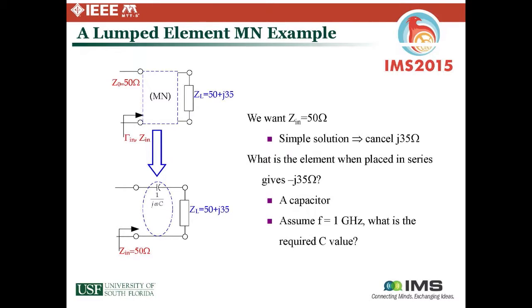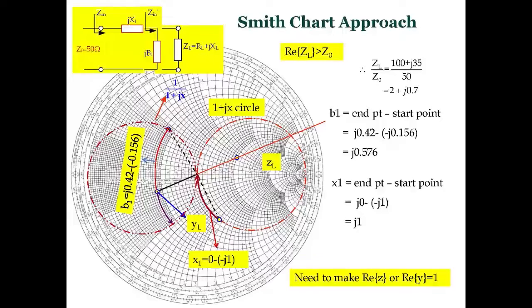So that was the analytical solution. We can just calculate it. If we plot 100 plus j35 on the Smith chart, normalized, it comes out to 2 plus j0.7. We're here. We plot the R equal 1 circle, and we're going to add a shunt element. When we add shunt elements, we want to be in the admittance domain.